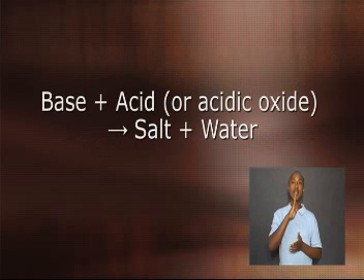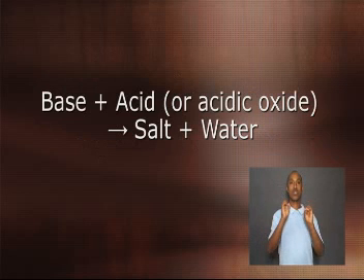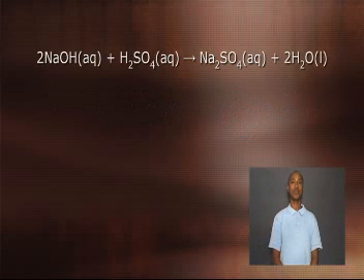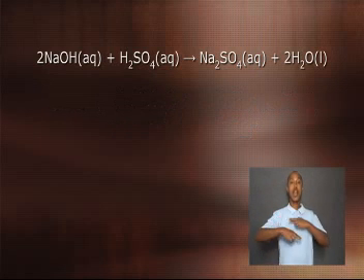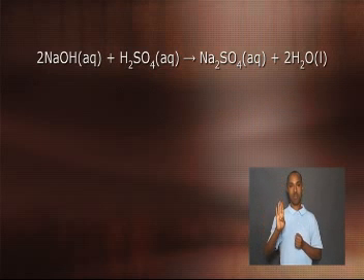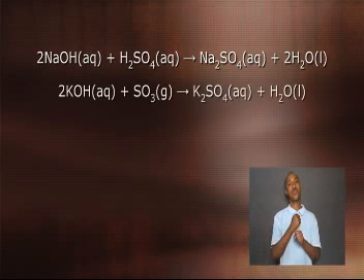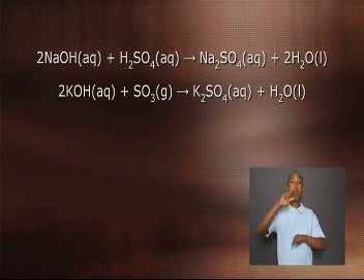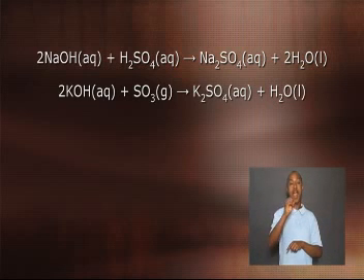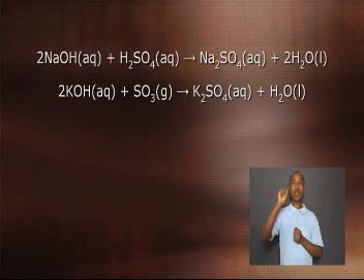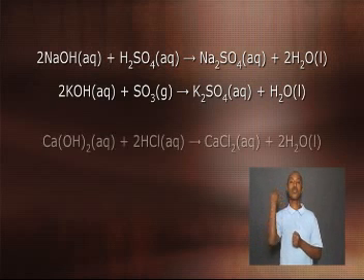Bases neutralize acids, or acidic oxides, to form salt and water. For example, when sodium hydroxide reacts with sulfuric acid, sodium sulfate and water are produced. When potassium hydroxide and sulfur trioxide react, potassium sulfate and water are formed.